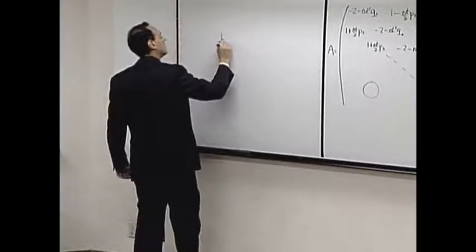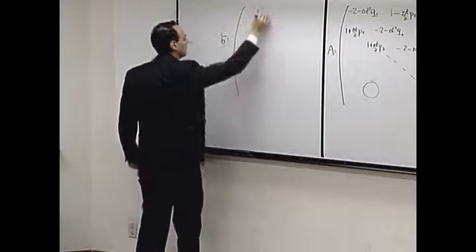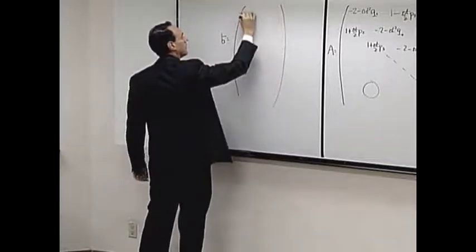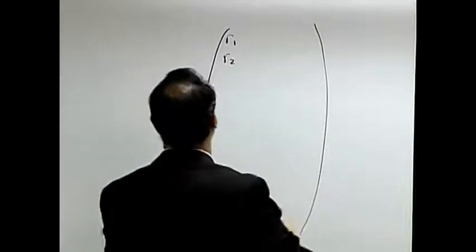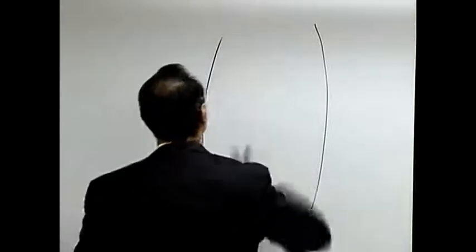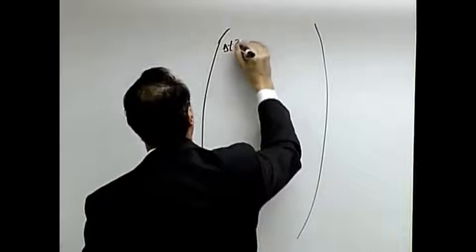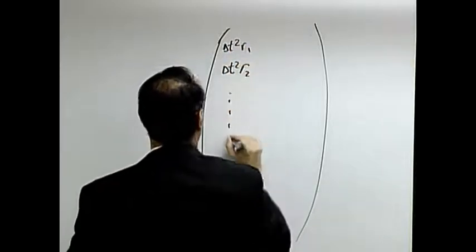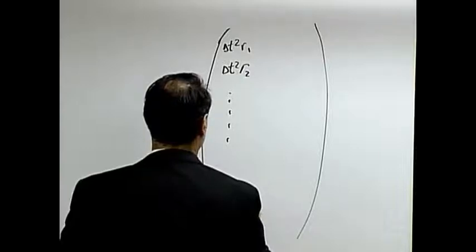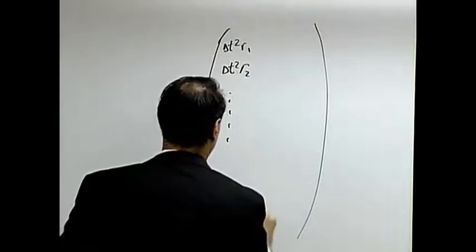So the vector B is r of 1, r of 2. Oh, sorry. There's a delta t squared there. Delta t squared, r of 1, delta t squared, r of 2, all the way to delta t squared, r of n.